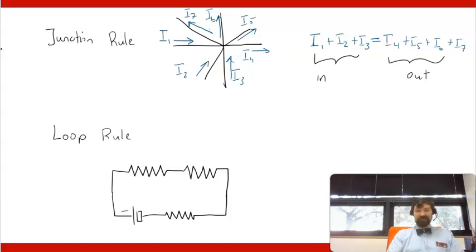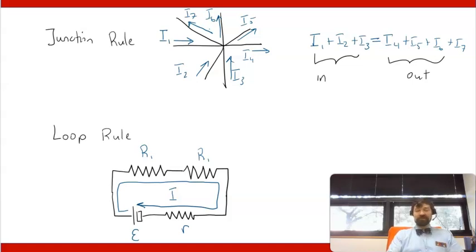Basically, by convention, we can just draw a current going around like this and say this is current I. Your battery you can represent with epsilon. You might represent the different resistors R1, R2, R internal.